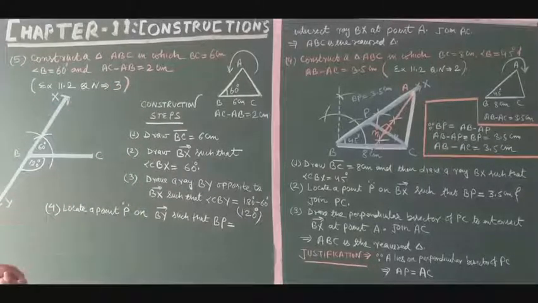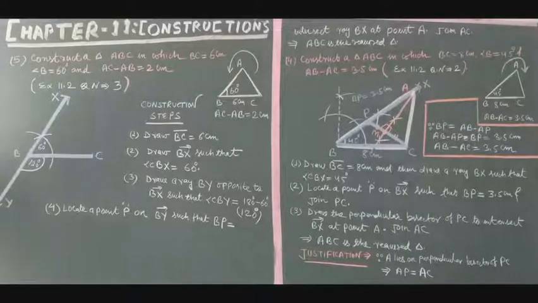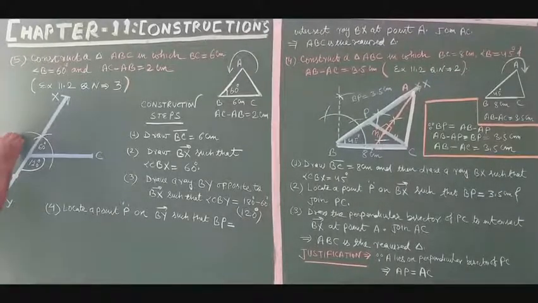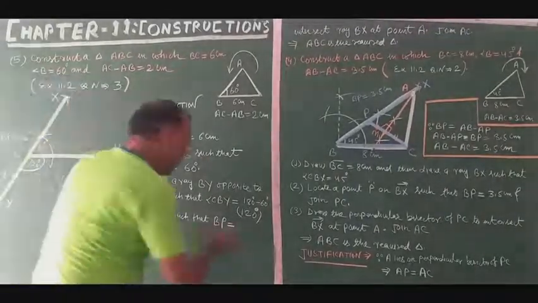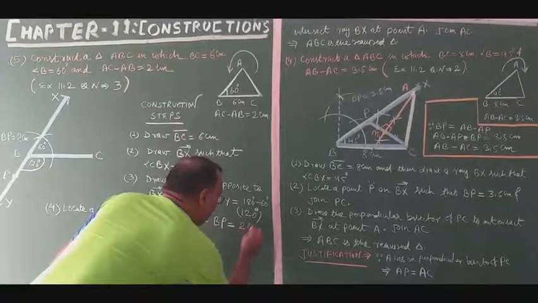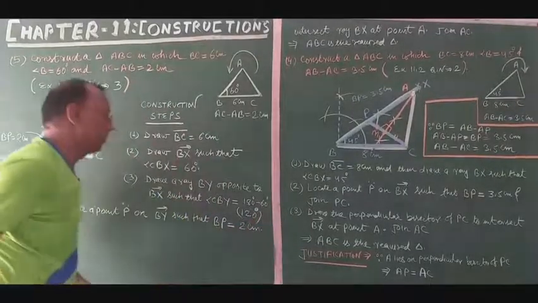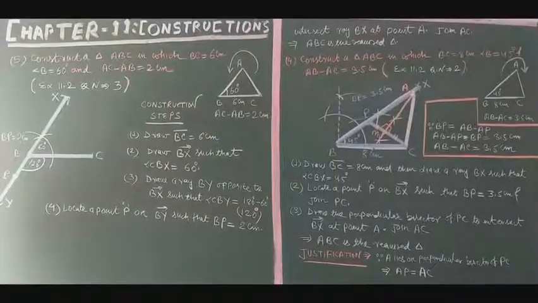We will locate a point here such that, what should be BP? BP is equal to that difference, 2 centimeter, such that BP is equal to 2 centimeter. Is it there?